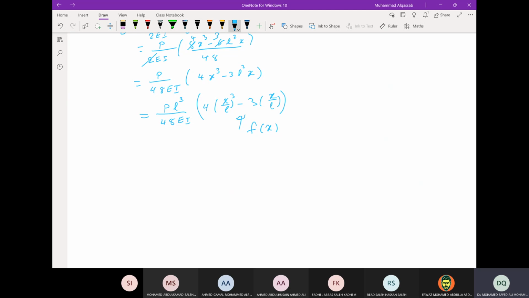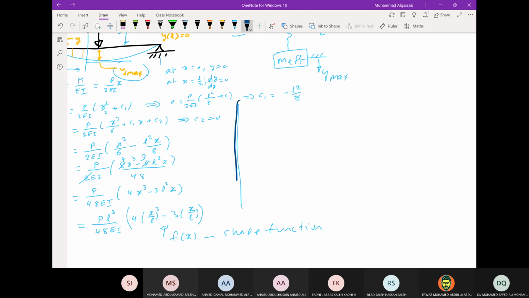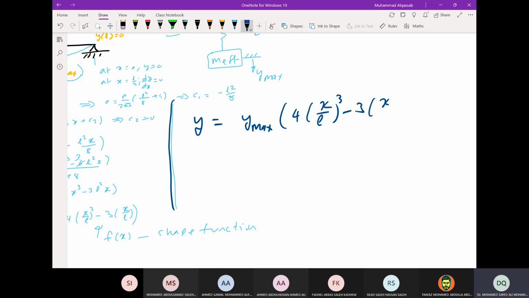So you need to take the shape function, this is the shape function required, not the whole equation. So therefore, we'll assume that Y is equal to Y maximum times f of x, which is 4 times x over L to the power 3 minus 3 x over L.